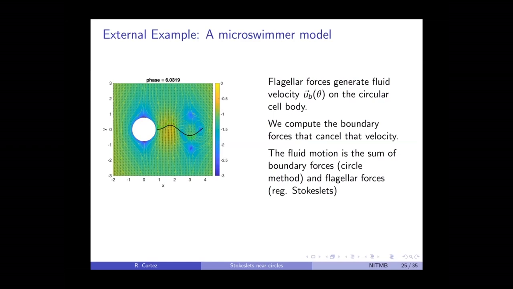These forces are given by the method of regularized Stokeslets segments. And what they do is they produce a velocity field, which is going to deform the circle, right? So then I have to again find forces on the circle that, in this case, cancel the velocity. So this is not swimming. This is an organism that somebody's holding here in place, and then it's just flopping like this, and this is not moving.